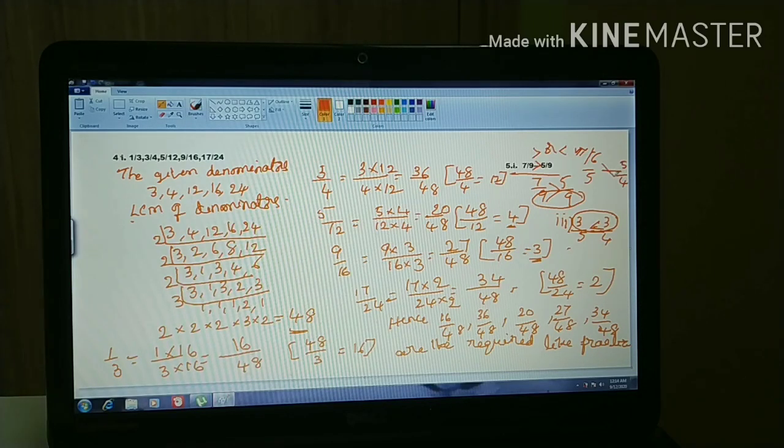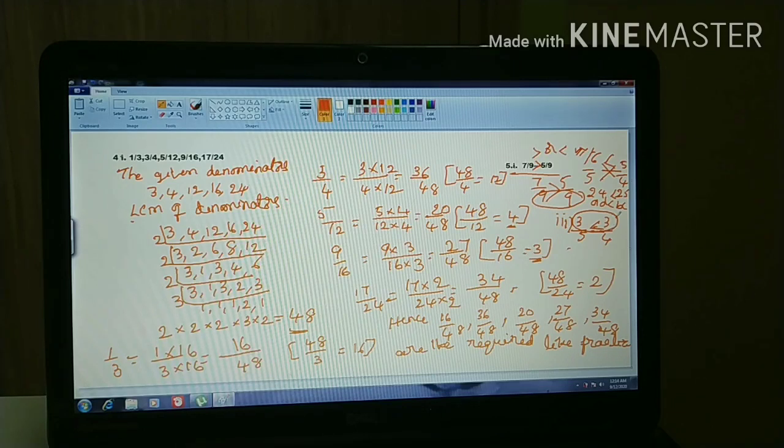Now do cross multiplication here. 6 fours are 24, 5 fives are 25. So AD is less than BC. Now what to do? AD less than BC means A by B is less than C by D. So this one is less than this one.